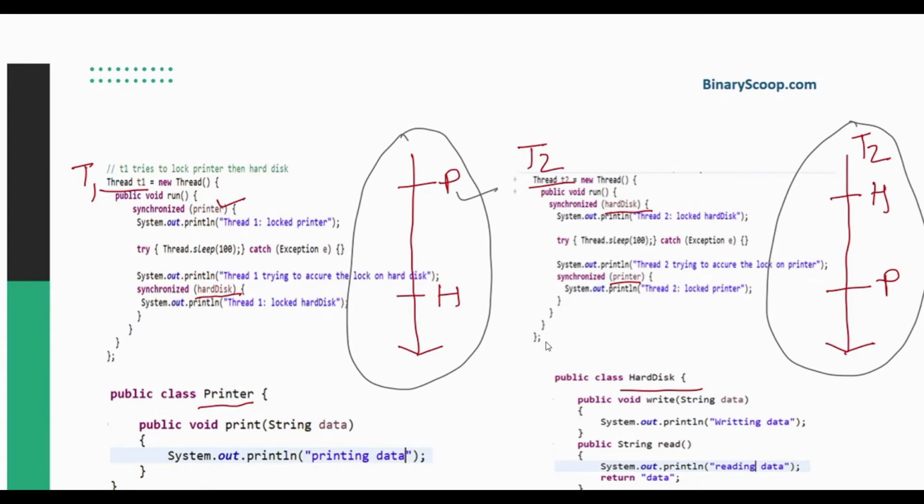Similarly, T2 will not be able to take the lock on the printer because it is already taken by thread T1.